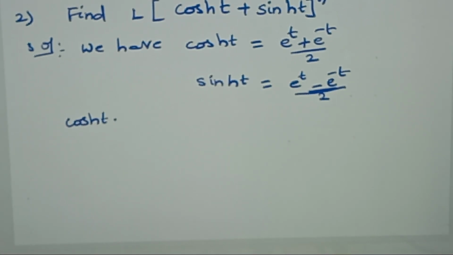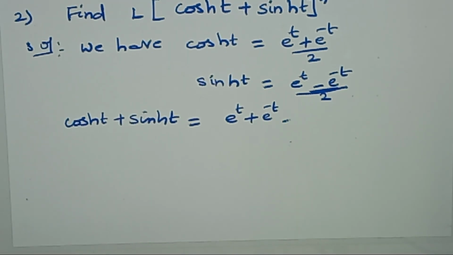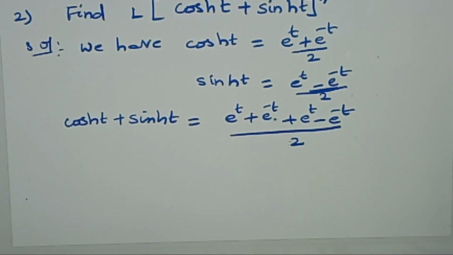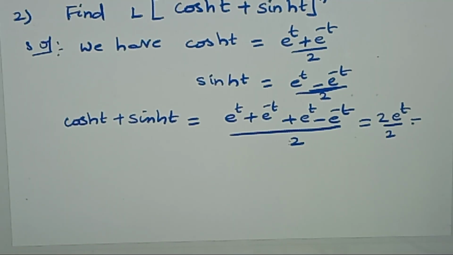cosh t plus sinh t, when you simplify it, will be equal to what? e raised to t plus e raised to minus t plus e raised to t minus e raised to minus t upon 2. Okay, so e raised to minus t and minus e raised to minus t will get cancelled, and you have 2 e raised to t upon 2. So what is the answer which you got? e raised to t. Now what do we want?